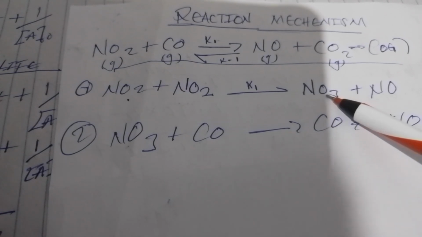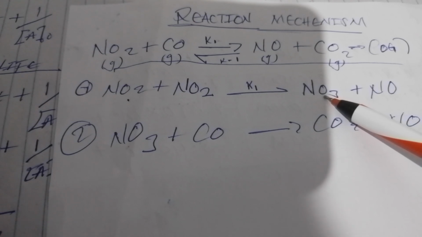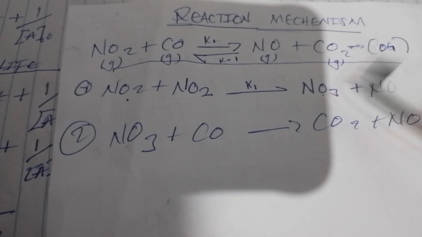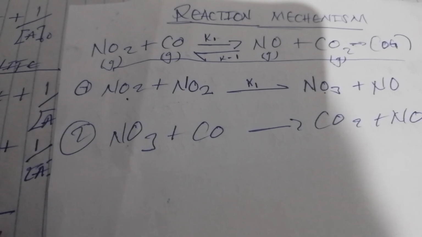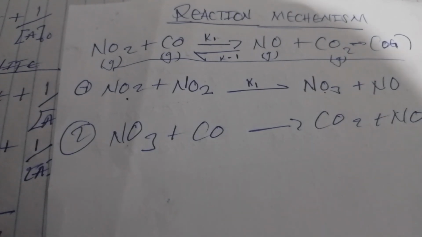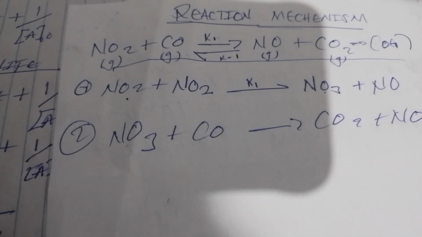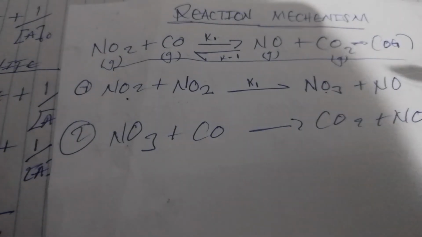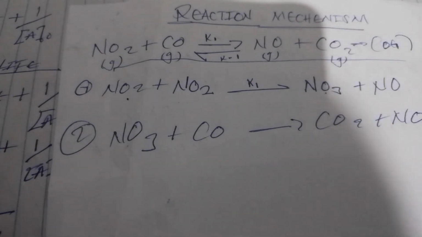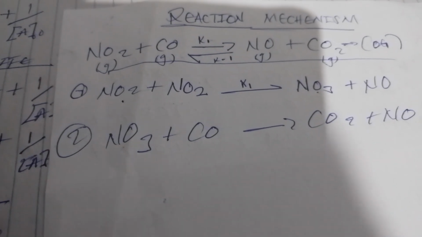It is nitrogen trioxide. That clearly indicates this compound is not supposed to be in the final reaction. It is an intermediate, just a stimulator for the reaction to produce such products. In actual sense, it does not appear in the exact equation after the reactions have been combined, just to make that clear.